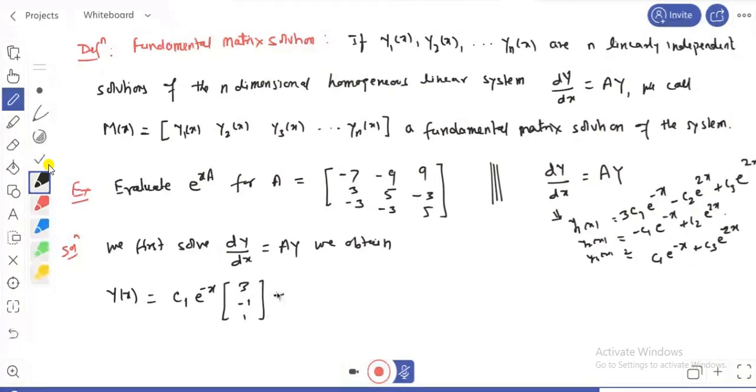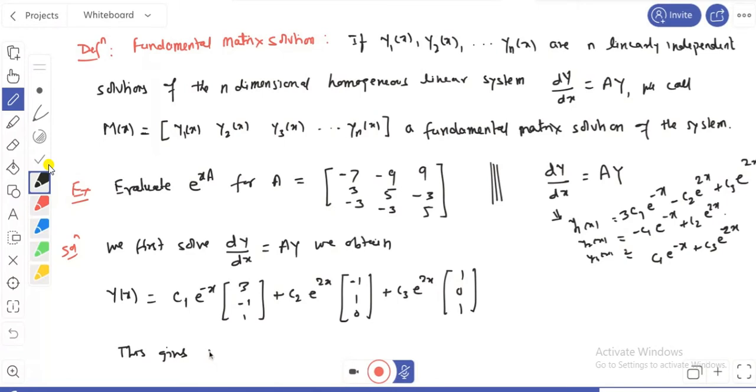Okay, then c2 e to the power 2x, this can be written as (minus 1, 1, 0), and c3 e to the power 2x (1, 0, 1). Okay, so this gives the fundamental matrix solution. And what is your fundamental matrix here?